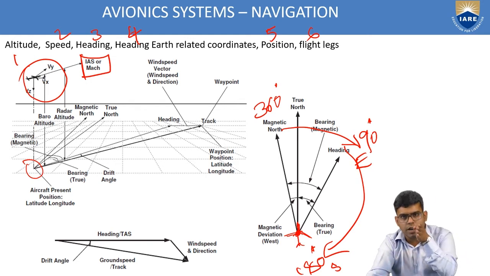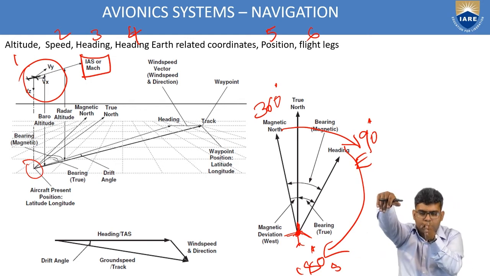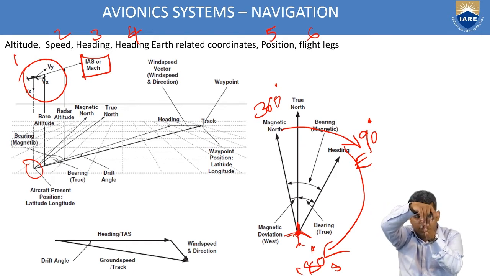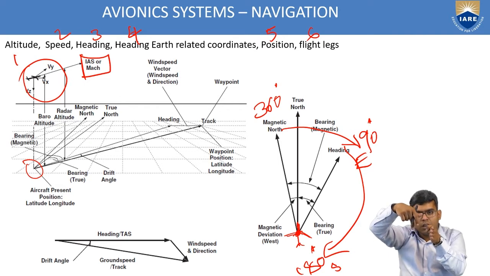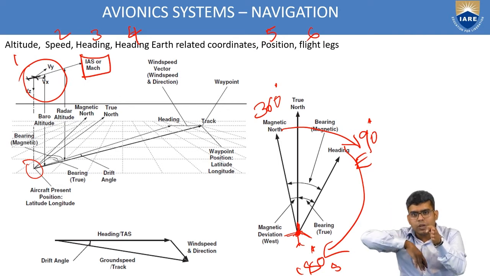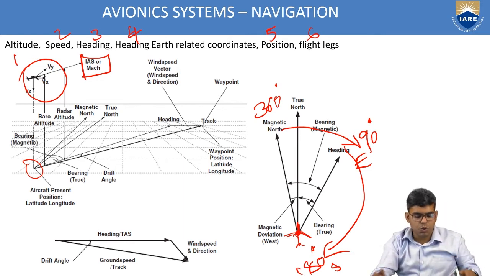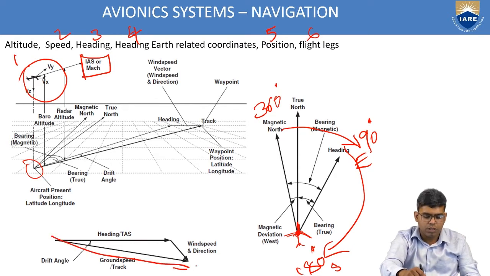So you have your heading, and the wind is blowing northeast like this. Your ground speed, the tracking speed relative to the earth, will be a vector considered using heading, true airspeed, and the wind speed and direction. So you have the ground speed in another direction.